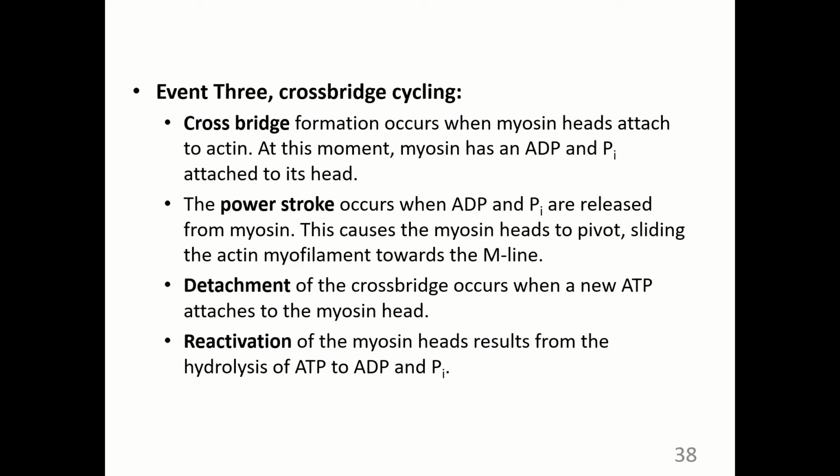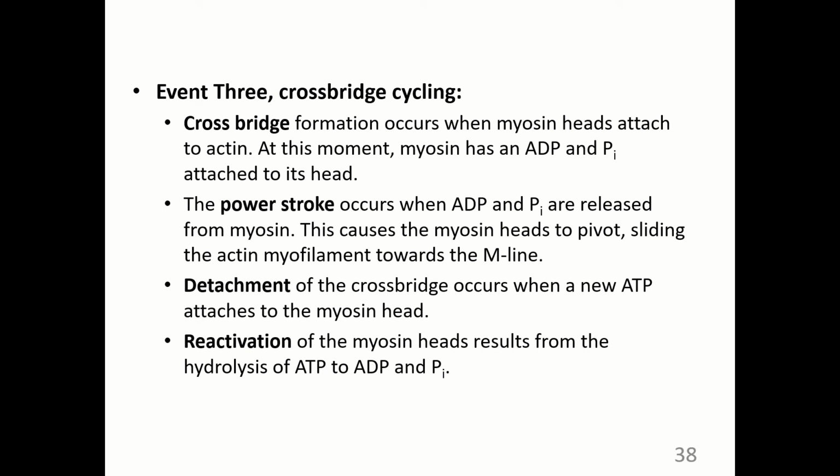So event 3 is the cross bridge cycling. Cross bridge formation occurs when myosin heads attach to actin. At this moment, myosin has an ADP molecule and an inorganic phosphate attached to its head. The power stroke occurs when the ADP and inorganic phosphate are released from myosin.